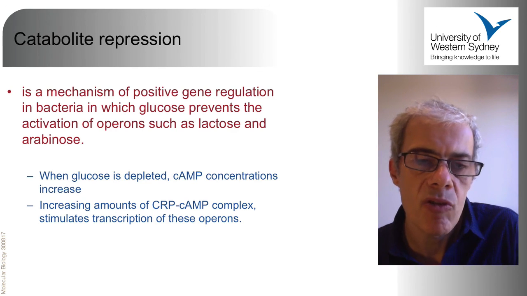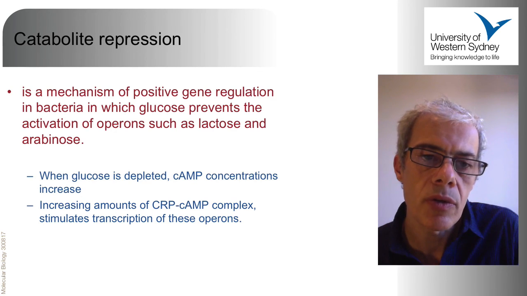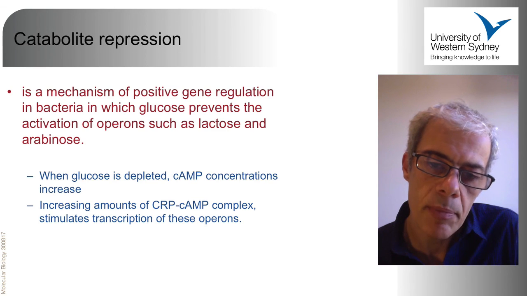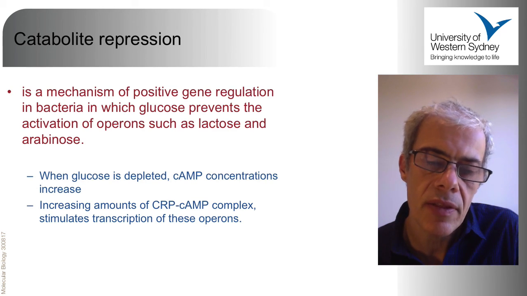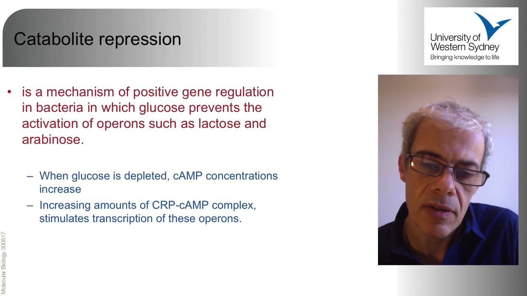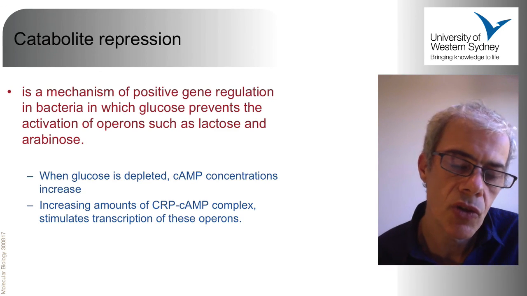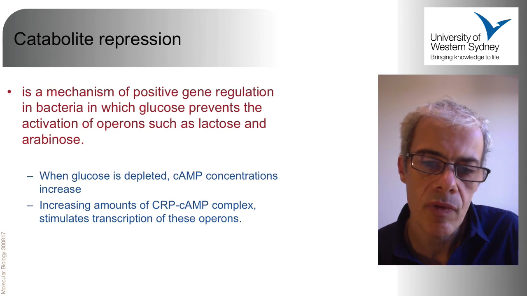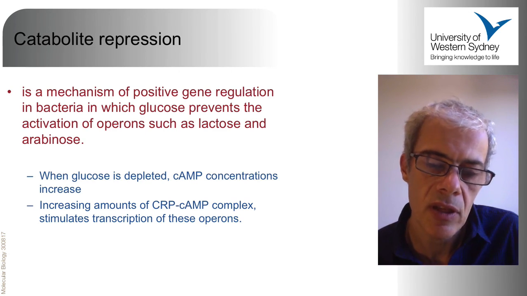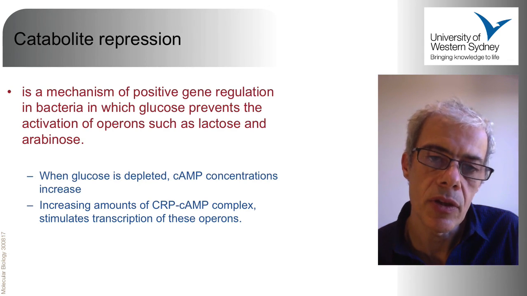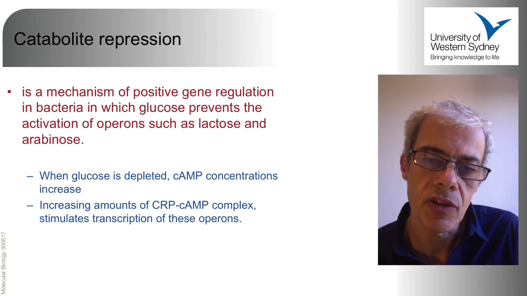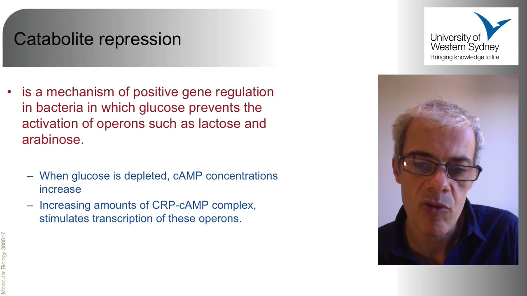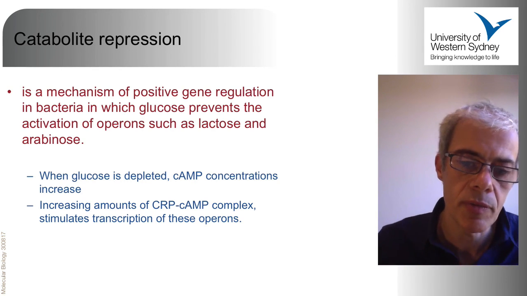And catabolite repression refers to when glucose is present, the cyclic AMP is absent, and therefore you don't get this activation and this strong binding of the RNA polymerase. And this is a way of coordinating sugar metabolism, so the preferred sugar is metabolized even in the presence of another sugar such as lactose. The cell will still preferentially use the glucose and not activate the lactose genes until the catabolite repression is over, until all the glucose is consumed.